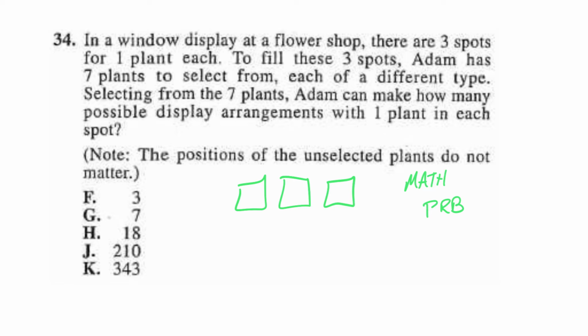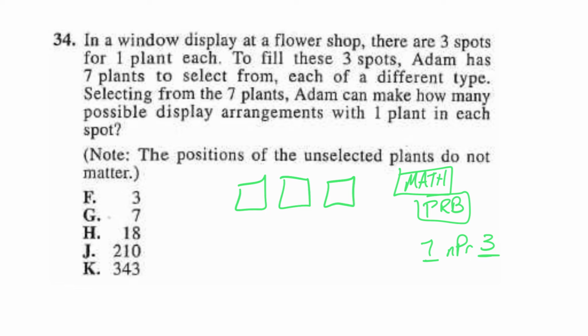The way you would do this, you would first type a 7 and then type math, probability, and it's going to pop up there as nPr, and then we would type a 3 behind it. What this is basically saying is you have 7 options and we're filling 3 spots.